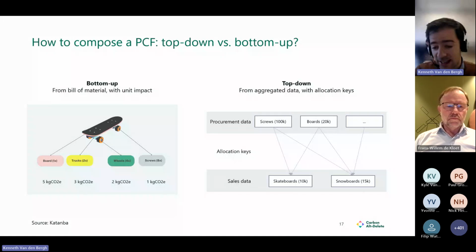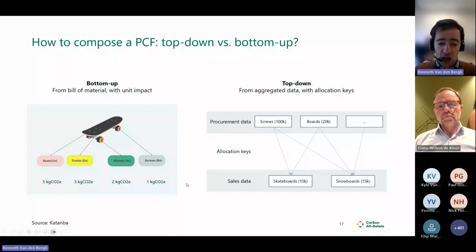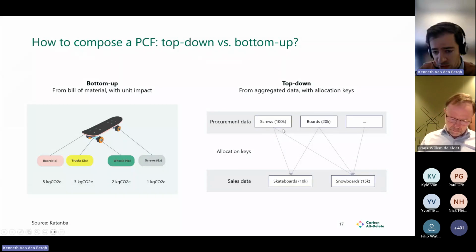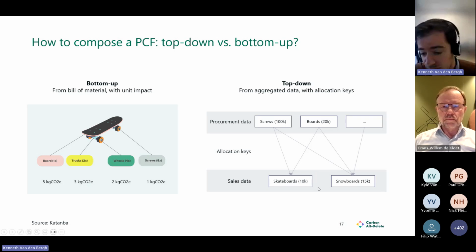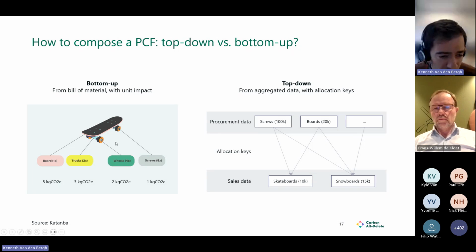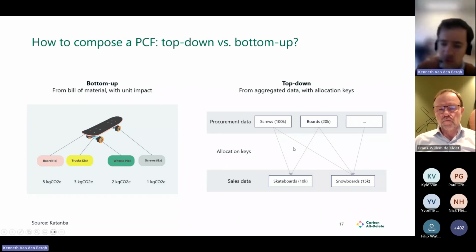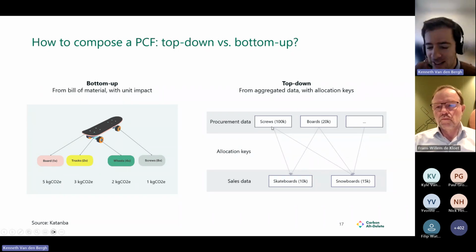The right-hand side of the slide shows you the top-down approach, where you typically start from company-wide procurement data, where, for instance, they have bought 100,000 screws, 20,000 boards, and then you allocate them to the different products that you have. So, for instance, maybe the company produces 10,000 skateboards, and you know that there are 8 screws per skateboard. So of the 100,000 screws, 80,000 go into the skateboards, 20,000 into the snowboards.